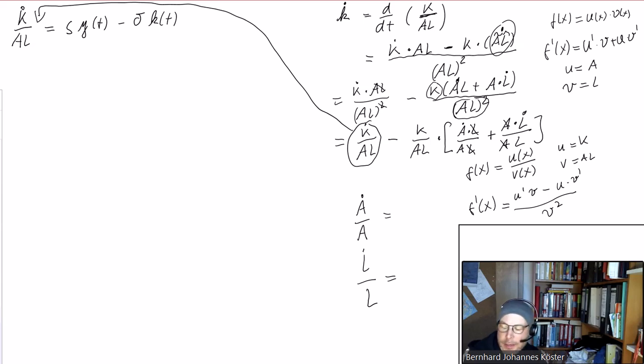So what is the change of costs over time over the costs itself? How do you call this variable if you are analyzing the performance of an enterprise?